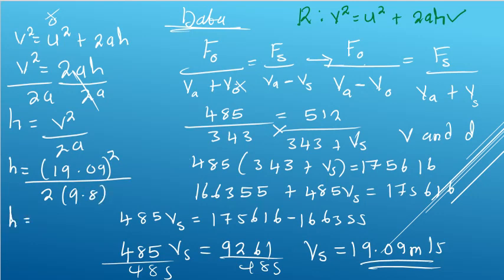So in this case, what is going to be our answer? 19.09 to the power 2 divided by 2 multiplied by 9.8. And our distance is simply 8.59 meters. And of course, this happens to be our final answer.